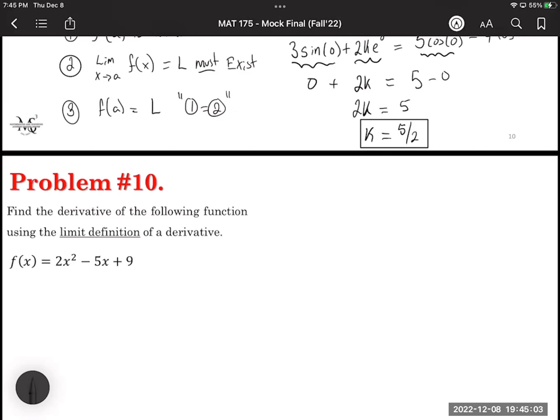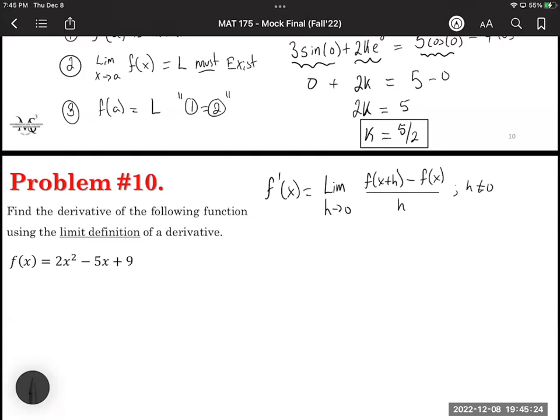So in this problem, our limit definition is f prime of x is equal to the limit as h approaches 0 of f of x plus h minus f of x, all divided by h, as long as h is not equal to 0.